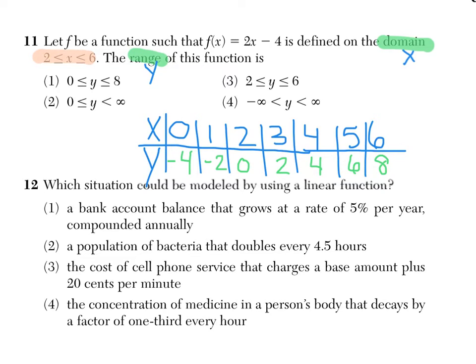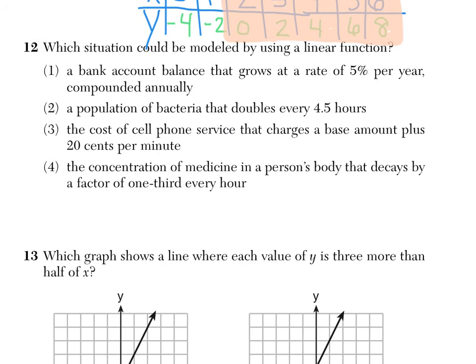So the x values from 2 to 6, and we need to figure out the y values, and as you can see, the lowest y value is 0, where the highest y value is 8. Therefore, answer choice 1 is correct.